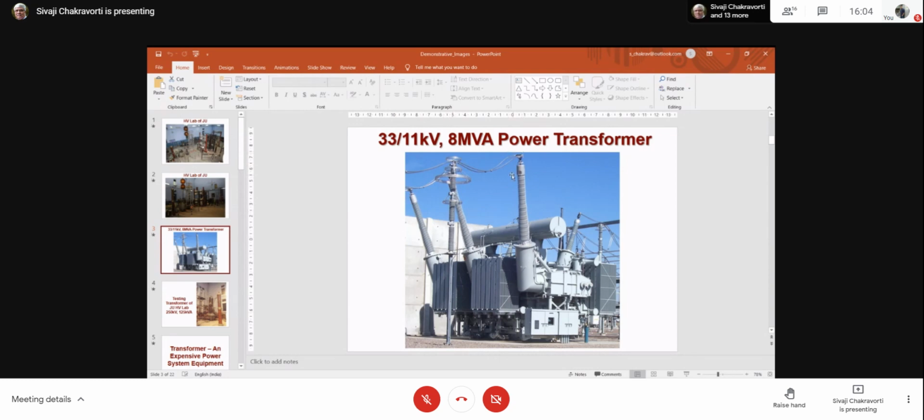It will not reach the transformer terminal. Right? Without lightning arrestors, transformers are not used because this is a very expensive transformer. Like it is an 8 MVA, not a very high rating transformer, but still quite expensive.